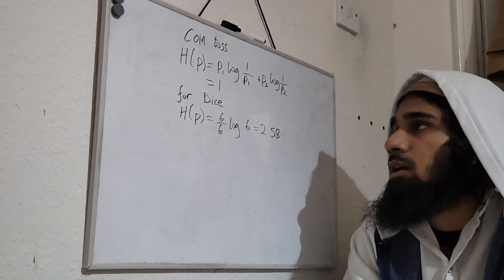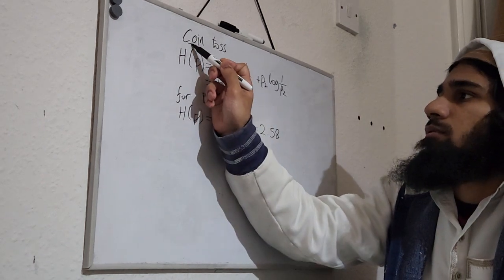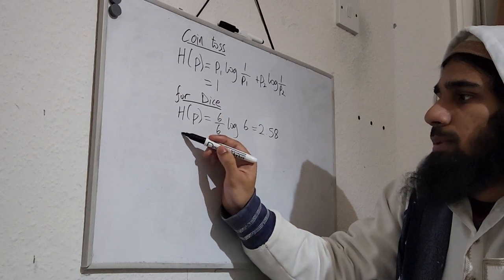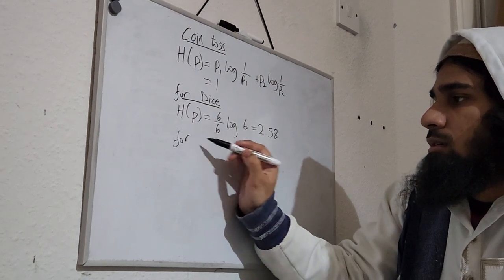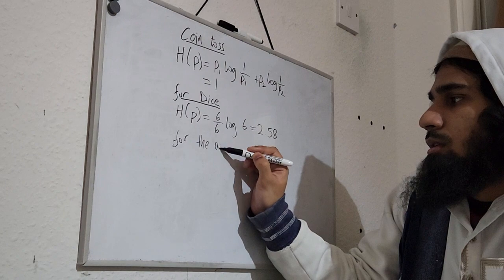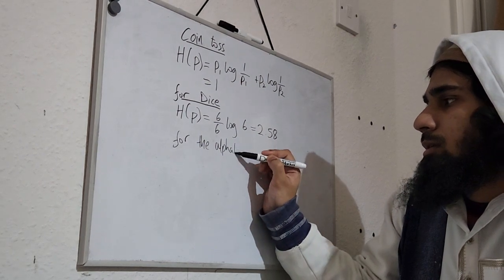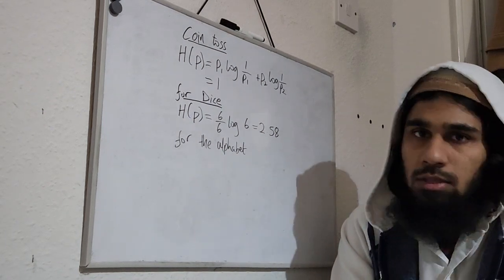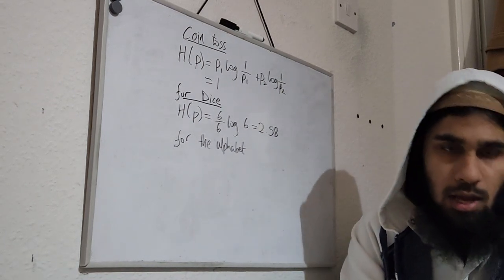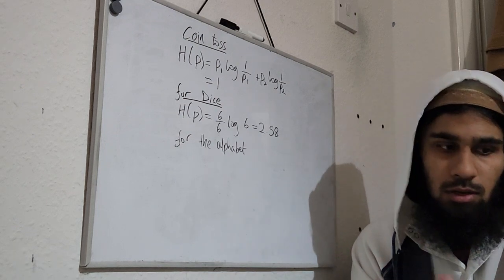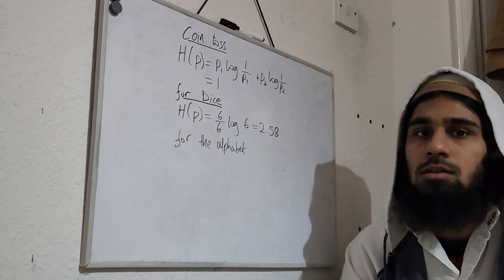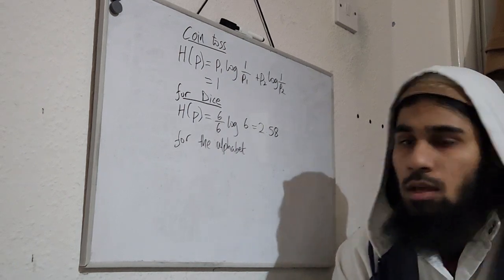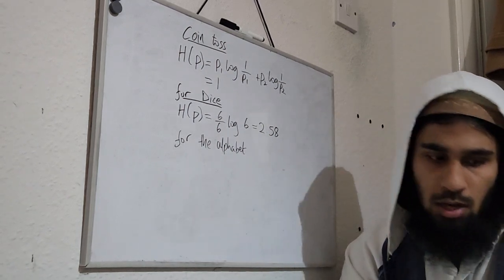So we found the entropy of a coin toss and of a dice. We can also find it for the alphabet. For the alphabet, we know it's A, B, C, D, E, F, G, H, I. And if you open a book, you will see that some letters occur more times than others. So you can work out the entropy for that.